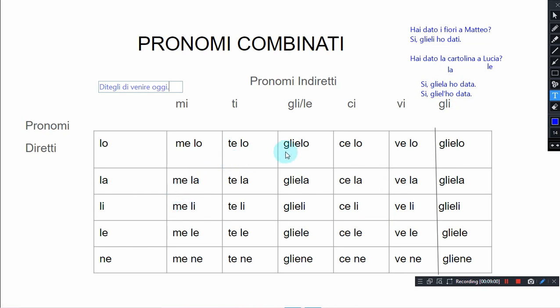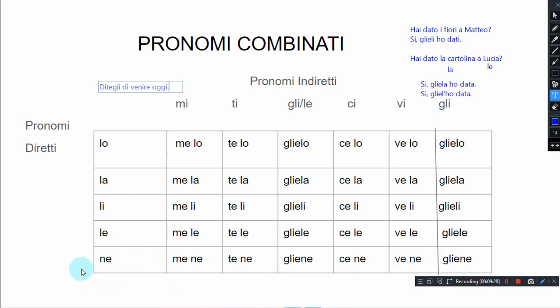Melo, telo, glielo, celo, velo, glielo, mela, tela, gliela, cela, vela, gliela, meli, teli, glieli, celi, veli, glieli, mele, tele, gliele, cele, vele, gliele, mene, tene, gliene, cene, vene, gliene.